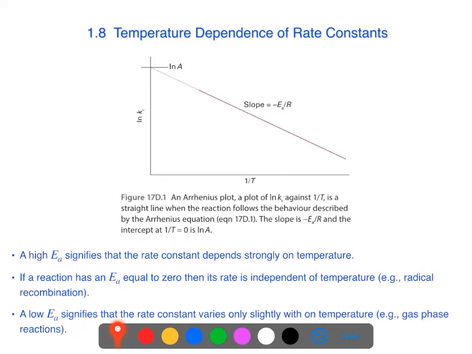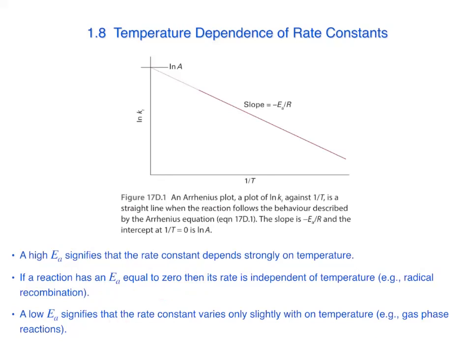If we have a scenario in which the activation energy is pretty much equal to 0, this would explicitly tell us that the rate is independent of temperature. And we see this with certain radical reactions, that they're temperature independent due to their high reactivity. And finally, we could have a third scenario where we have a fairly small activation energy.